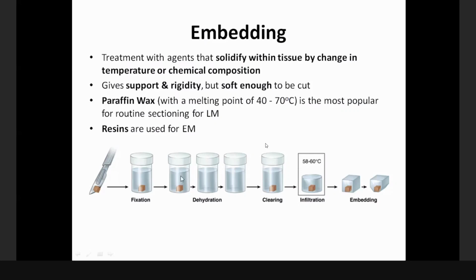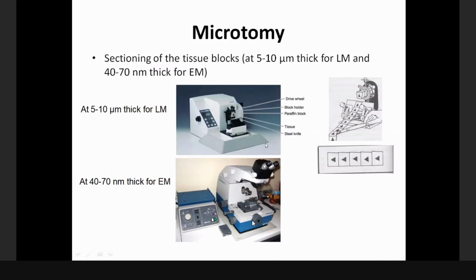For dehydration, I told you the widely used one is ethanol. For infiltration and making the tissue block, the widely used one for light microscopy is paraffin, and for electron microscopy it is plastic resin. So that's how we prepare.